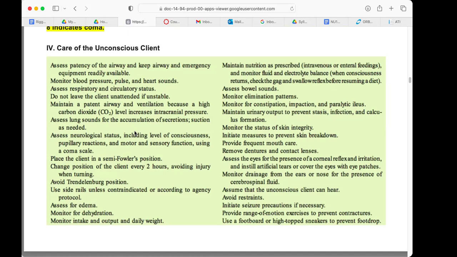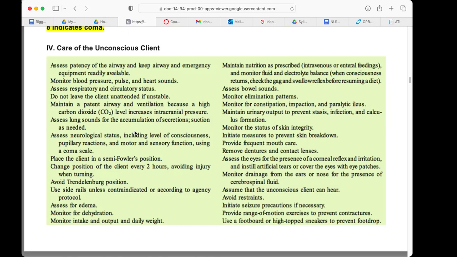So right away, you see the essential priorities of nursing: airway, breathing, and you will get breathing by your respiratory status, which would be your respiratory rate, your oxygen saturation, your lung sounds, and then your circulation, which is your heart rate and your blood pressure, and also your O2 saturation.